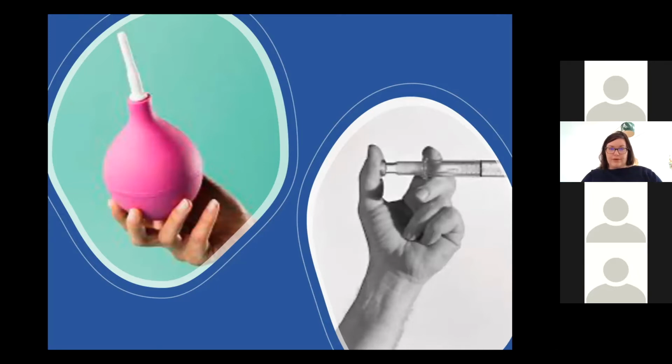We should avoid that. We can use warm water and do some irrigation, like we irrigate the ears, and that should be enough. If it's stuck toilet paper, for example, or a piece of tissue, that irrigation should be enough for the paper to detach from the walls of the vagina, come out and be removed.